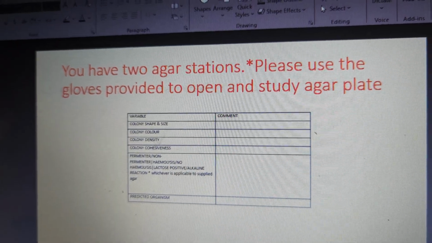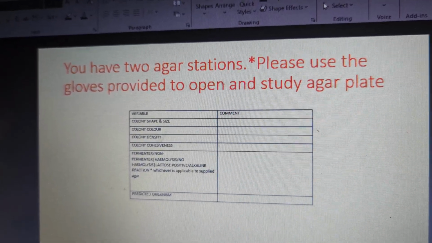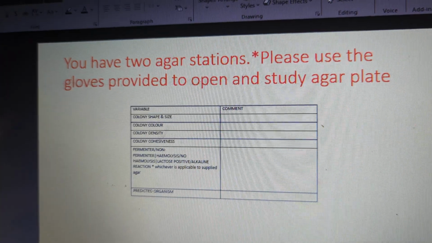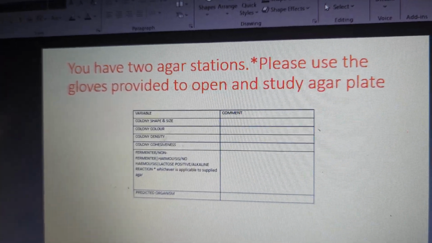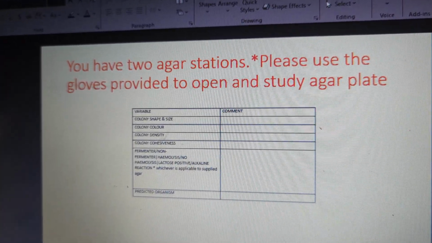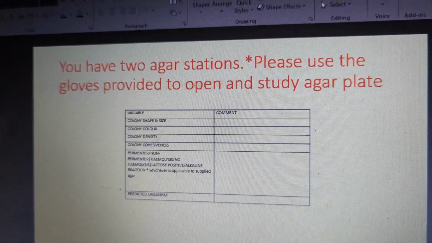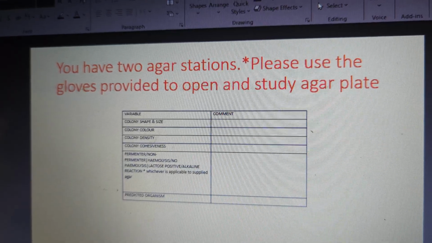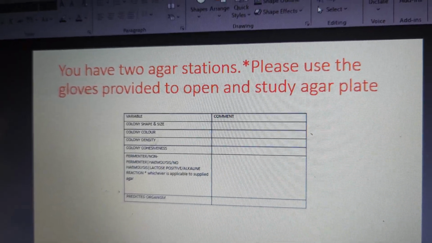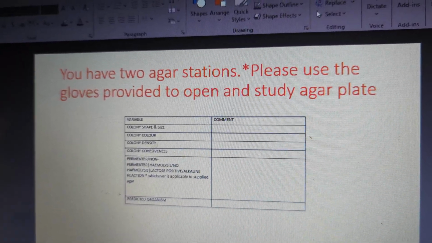I will show you what I'll draw up on the board, but you'll also be describing texture, which is the surface of your colony, sorry. So the surface, is it smooth, is it rough, is it glistening, terms like that. Yes, texture.